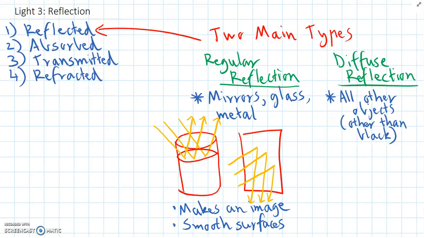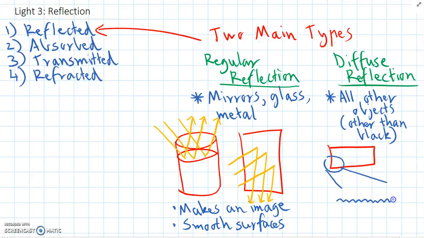And so diffuse reflection happens because all other objects aren't perfectly smooth, like mirrors or glass or metal. Even a piece of paper, which we might think of as smooth, if you zoom into that piece of paper and have a look at the surface, it's actually quite rough. And most materials are actually rough like this.